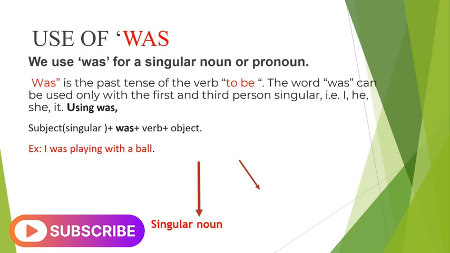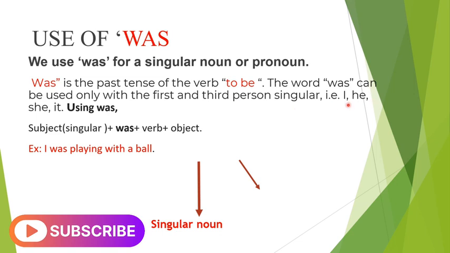Use of was. Where do we use was? We use was for a singular noun or pronoun. Was is the past tense of verb to be. That's what we learned now. The word was can be used only with the first and third person singular. Remember, only singular noun or pronoun we have to use.